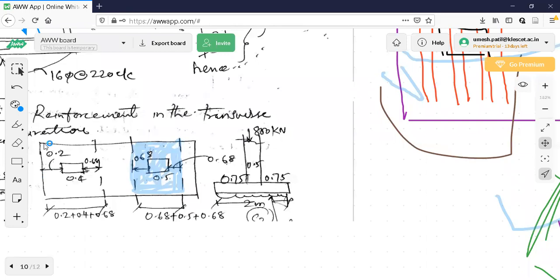That is why the width of the strip is reduced here, because from the center it is given as 0.4 meter, as you can see in the problem data. Out of that, 0.2 is already covered inside. Outside, from the edge, it is only 0.2 meters.